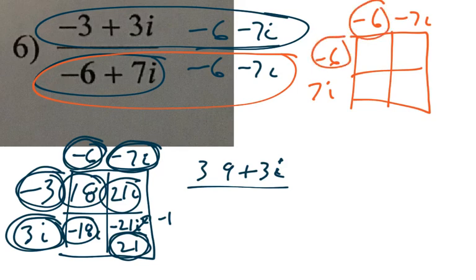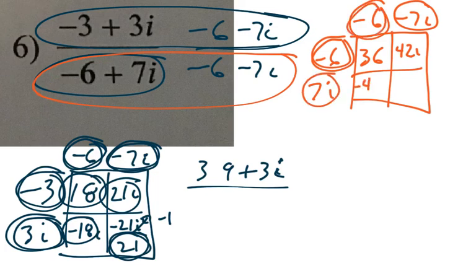Okay, negative 6 times negative 6, positive 36. Negative 7i times negative 6, positive 42i. Negative 6 times 7i, negative 42i. And 7i times negative 7i is negative 49i squared.